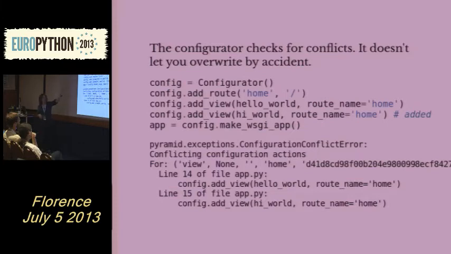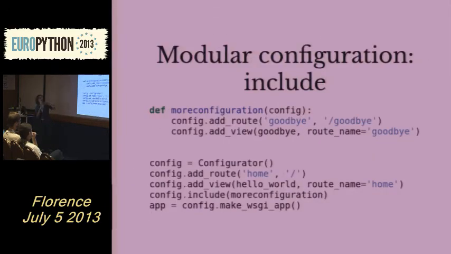If I try to add two views to the exact same root, the configurator will raise a conflict because there's no way to know which one to use, and that's pretty interesting. It means that Pyramid won't silently discard one. Errors shouldn't be passed silently, so there is an explicit conflict and the application won't start. I'll come back to the conflicts a little later.